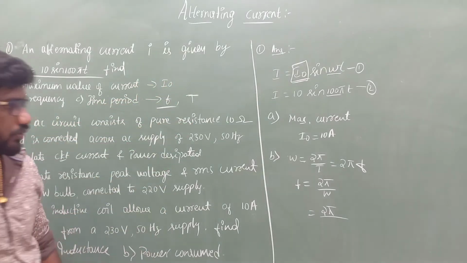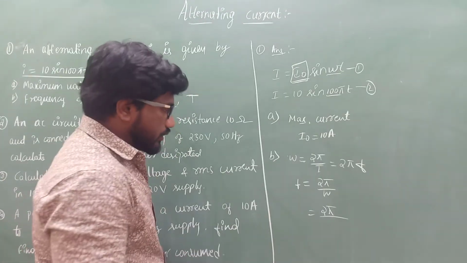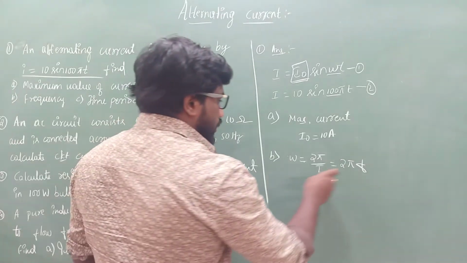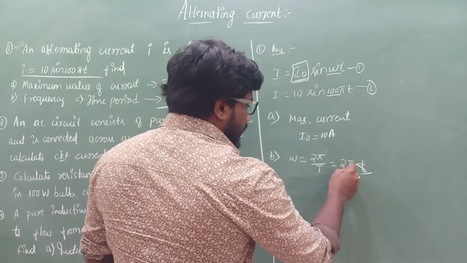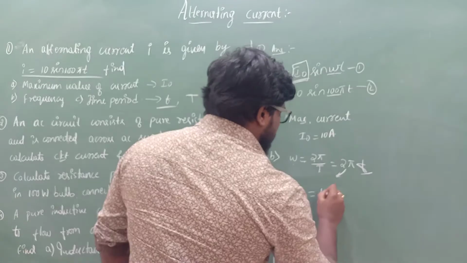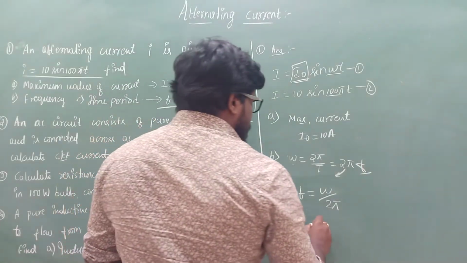Wait a minute, here I made one mistake. We need f, right? So send the 2 pi to the RHS. What I will get is f = omega by 2 pi.